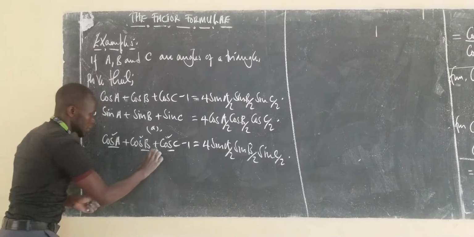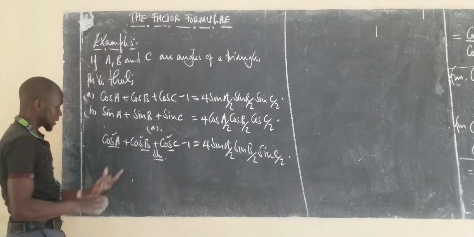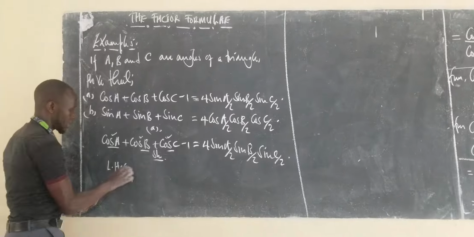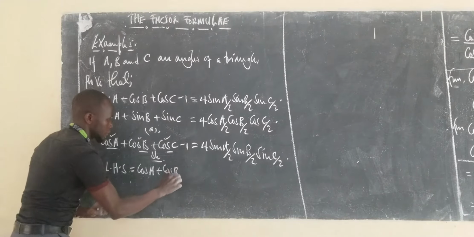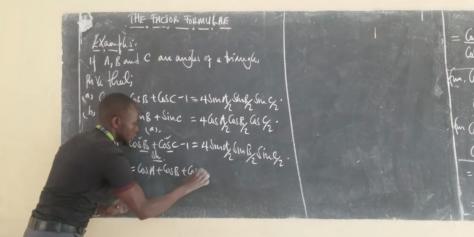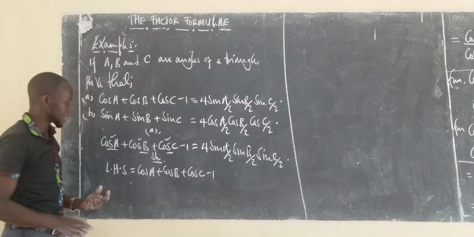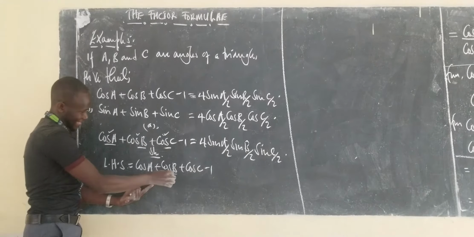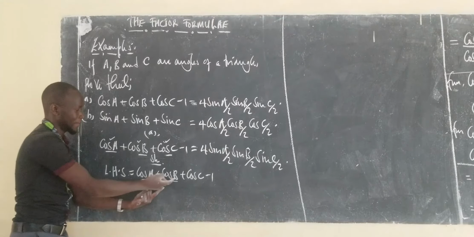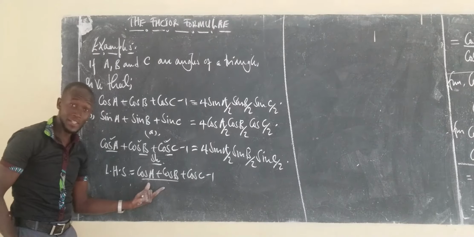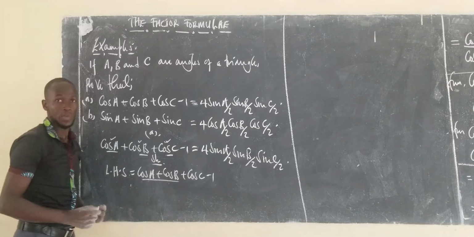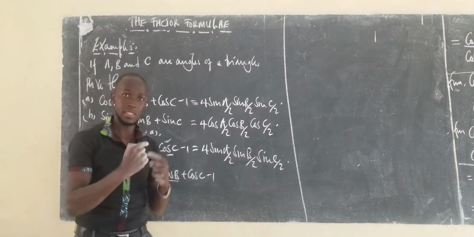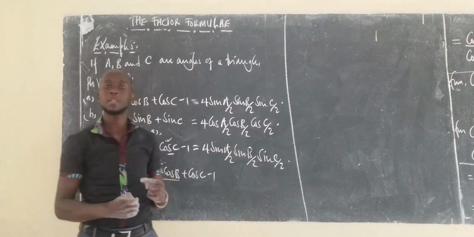So in my solution, if you look at the left-hand side of the question, it is the same as cos of A plus cos of B plus cos of C minus 1. That's the left-hand side. I'm going to treat these two using the factor formula for addition of two cosines. When you add a cos plus a cos, we say you get 2 cos same sum, cos same diff.